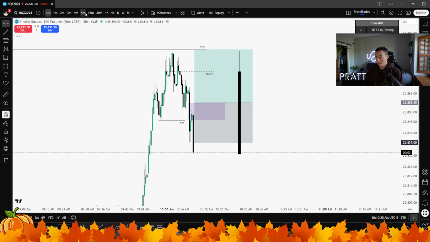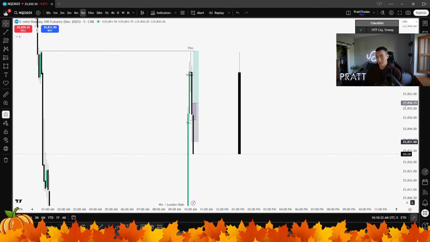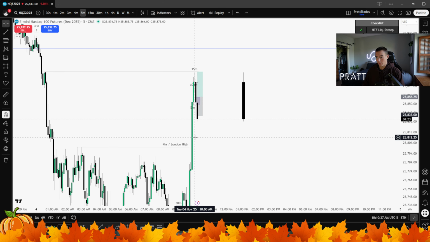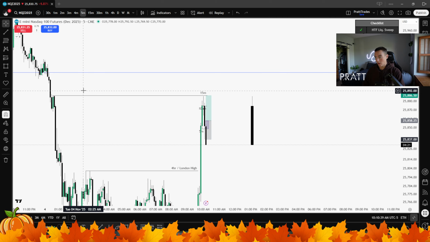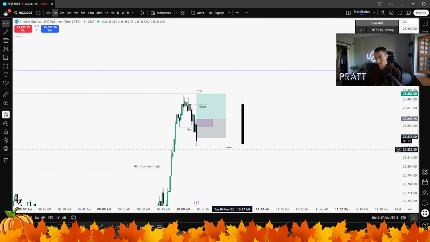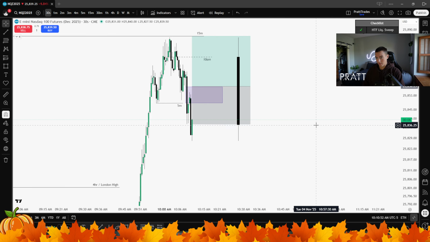But tapping 5 minutes is a necessity for taking a continuation, and we got that. Since I'm already bullish on the day now, I would just be looking for longs, and these would be my targets, just this unfilled 15 minute. That's all I would look for, but it doesn't look like we're going to get that. We'll see what we get in the next couple minutes and see if something better presents itself.